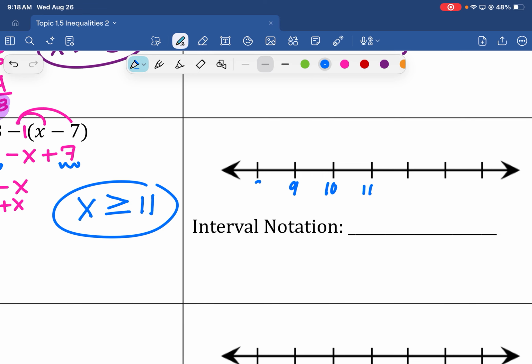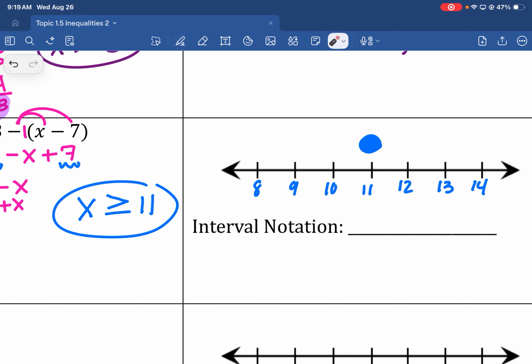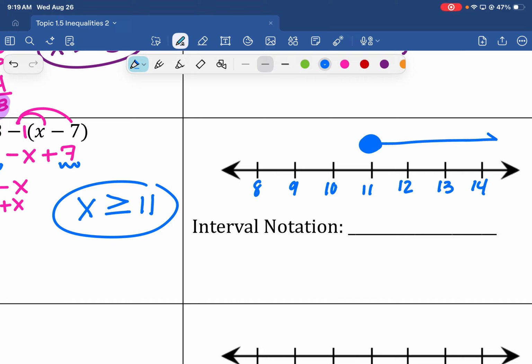And then we do 22, right? Yeah, do all three of those that you haven't done yet. Okay, so if it's a closed circle, it's always gonna have a bracket. But if it's infinity, it's gonna have parentheses.